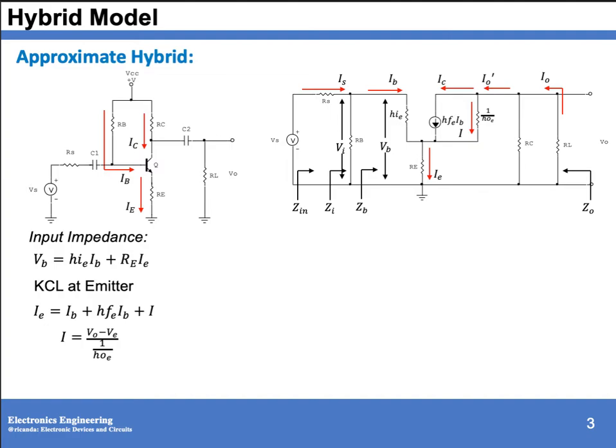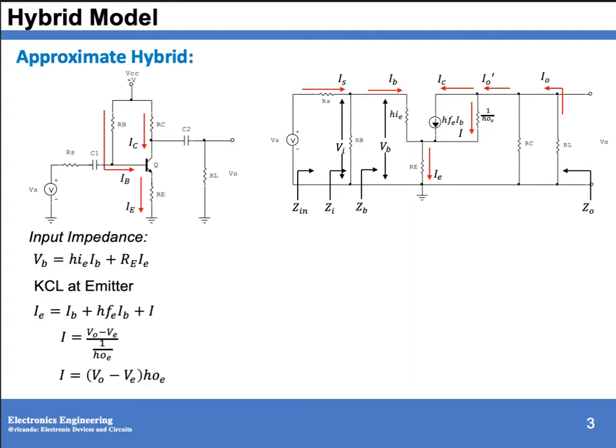So why is it called 1 over HOE? Why not HOE? Remember, HOE is a conductance with units of Siemens. So we have to make that HOE into ohms, or resistance. That's why it is 1 over HOE, to make it a resistance. So we can rewrite our I as BO minus BE times HOE.